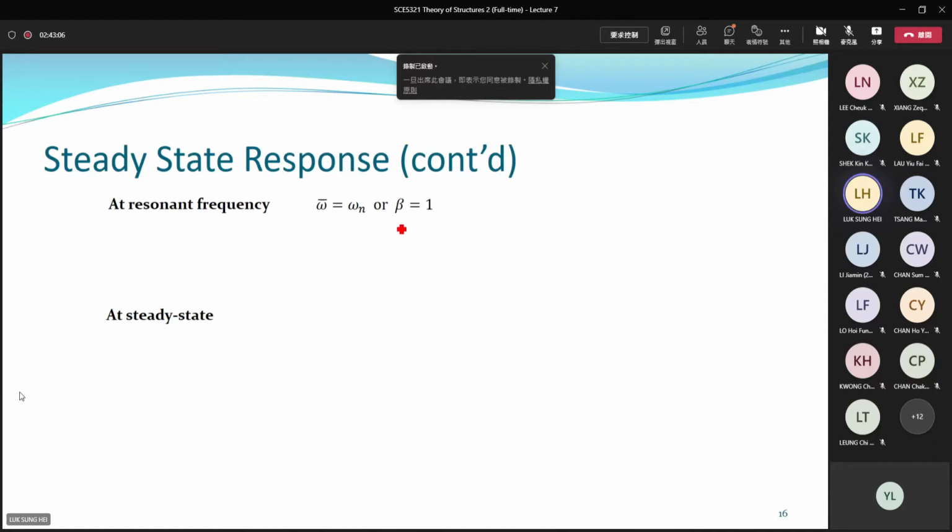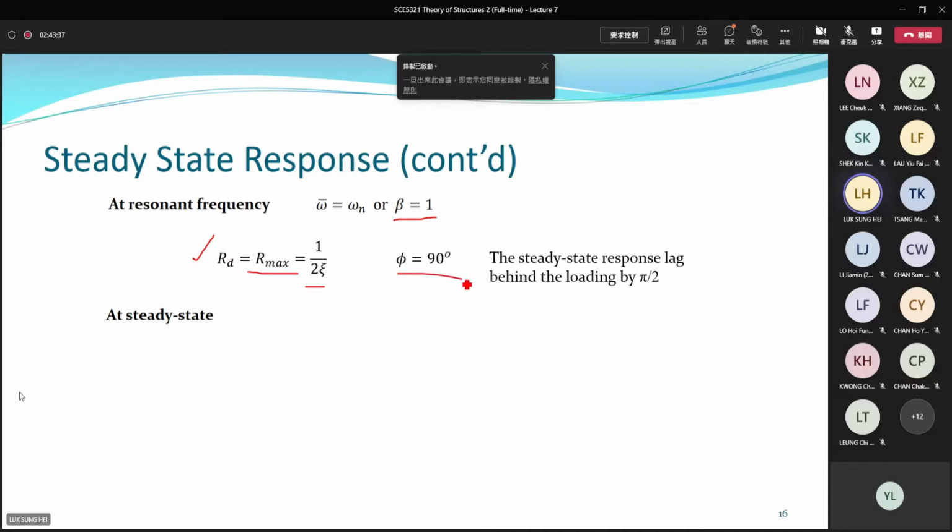Resonant frequency means beta equals 1, or loading frequency equal to the natural frequency of the structure. For this case, when you substitute beta into our formula, you can find that RD is equal to 1/(2 times damping ratio). Among all frequency ranges, this is the maximum value, maximum RD at resonance.